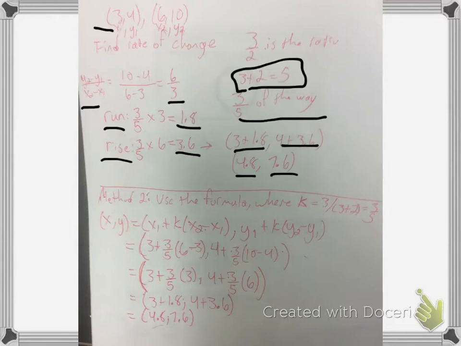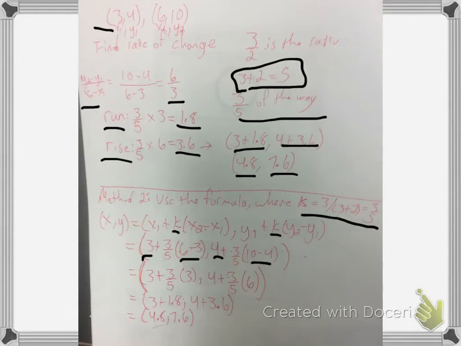Method 2, same problem. We're going to use a formula. Notice all we did was put our x2 minus x1 and y2 minus y1 in here. Now k is just my part over my whole, or my part over my total parts. So I take my original, where we're starting at, point A, if you want to call it.